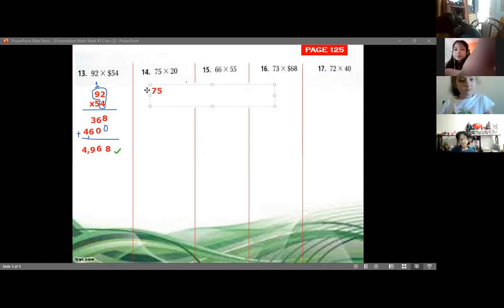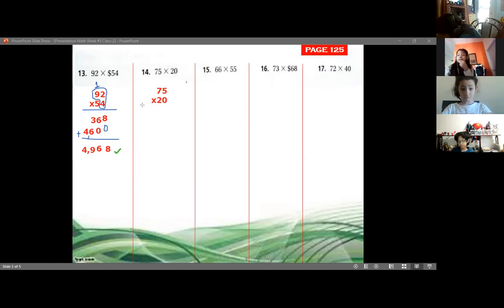In the notebook, because we don't have space on the book, we solve 75 times 20. Which numbers are we going to multiply first? 5 times 0. The ones. So we multiply 5 times 0.